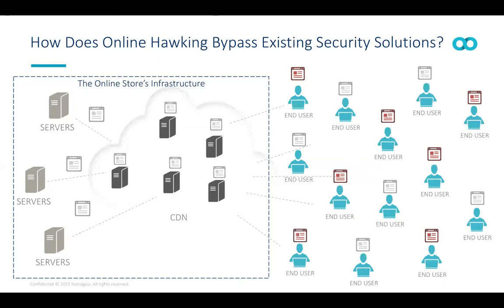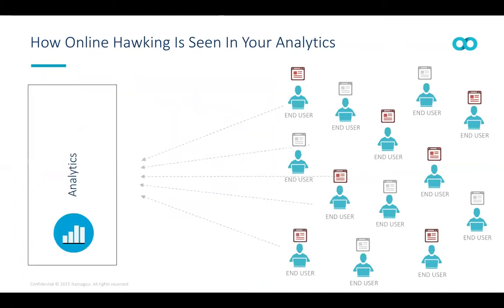It runs, as we mentioned, on the end customer's device, browser, desktop, or network. So it manages to bypass any security solution, any solution that aims to protect the enterprise or the e-commerce site and the real estate that it serves.